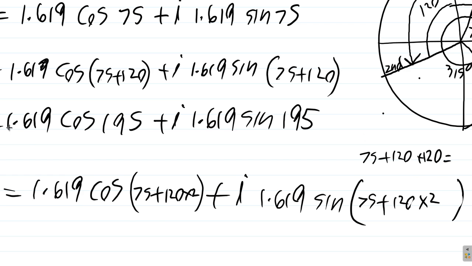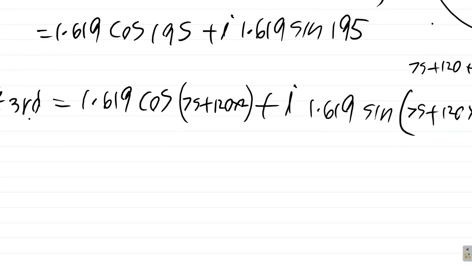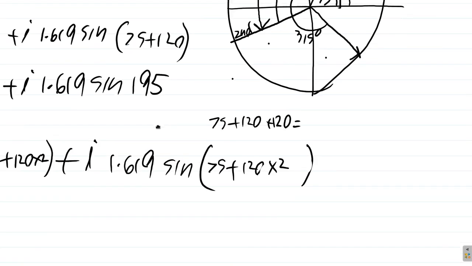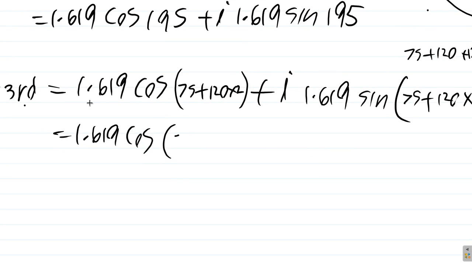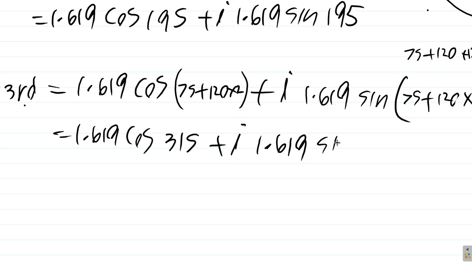Just like this. Alright? So the third cube root is 1.619 cos(75 + 240). What did I say it was again? 315? I don't really need the bracket here. Cos 315 + i 1.619 sin 315.